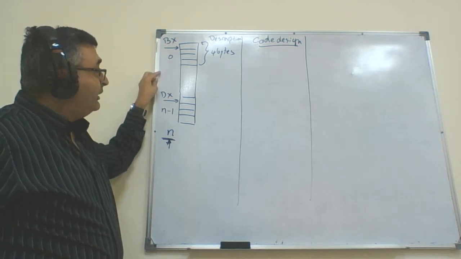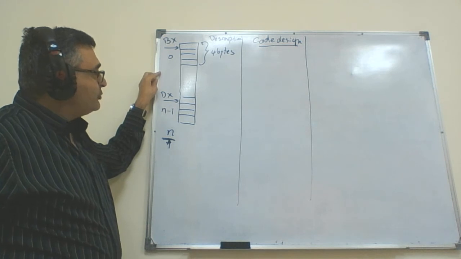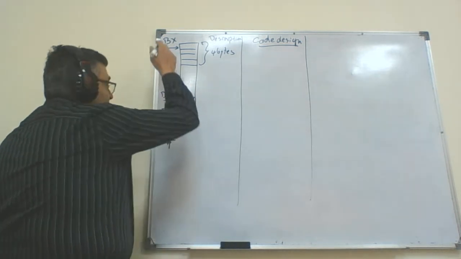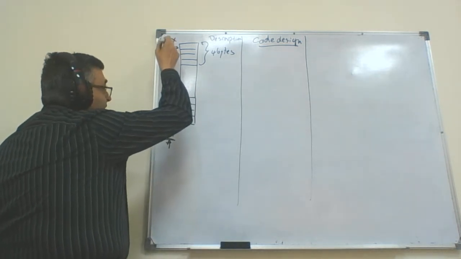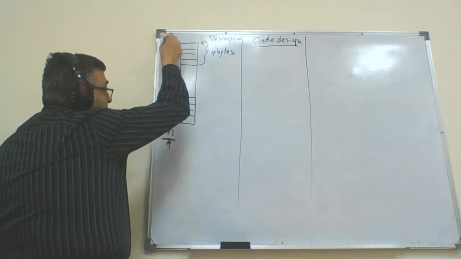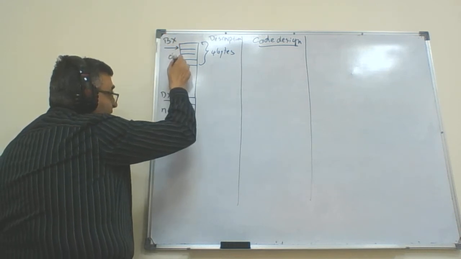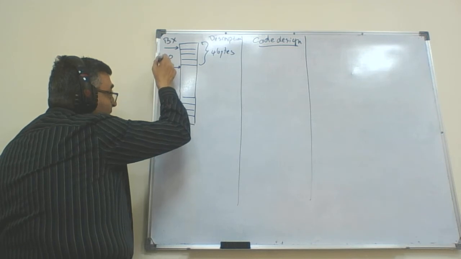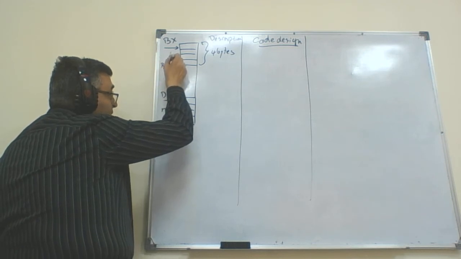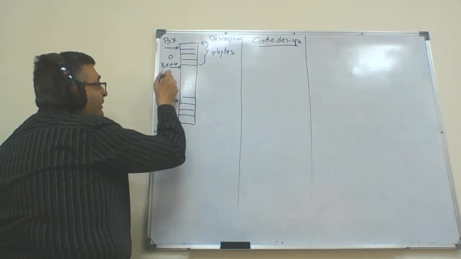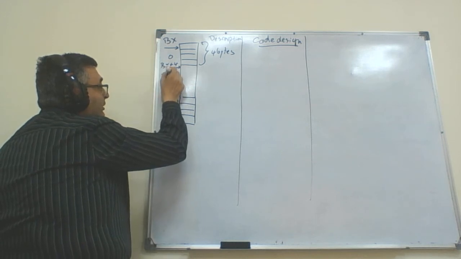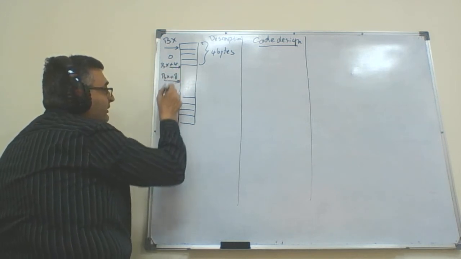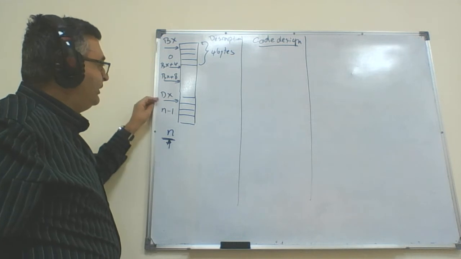So if the first element is at BX, the second element, which is element number 1, is at BX plus 4, then BX plus 8, until I reach DX.